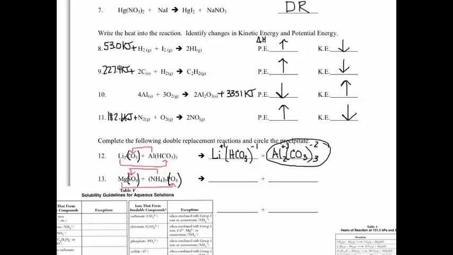All right, so we're going to put Mg with PO4. And magnesium is a group 2. It has a +2 oxidation number. Phosphate in table E is -3. Those oxidation numbers do not cancel out. They do not have a common factor, so we're just going to swap and drop.